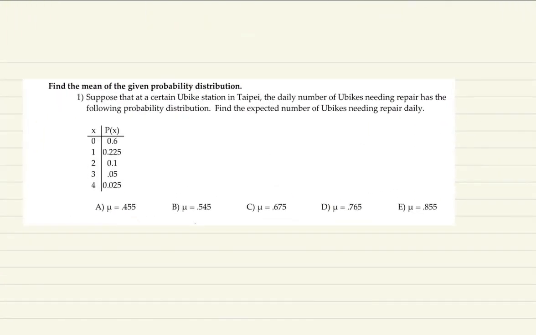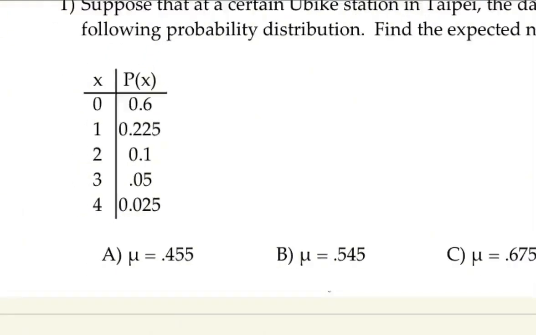Suppose that at a certain U-bike station in Taipei, the daily number of U-bikes needing repair has the following probability distribution. Find the expected number of U-bikes needing repair daily. We just need to find the mean.